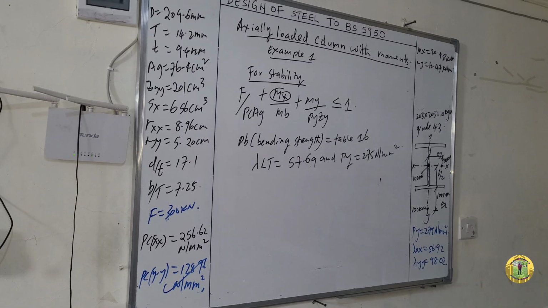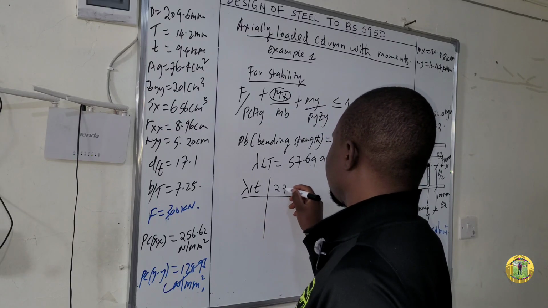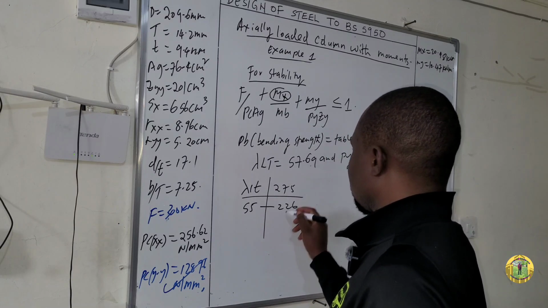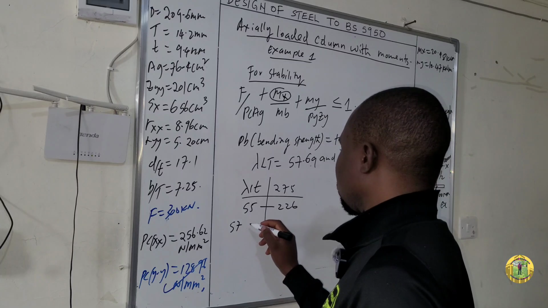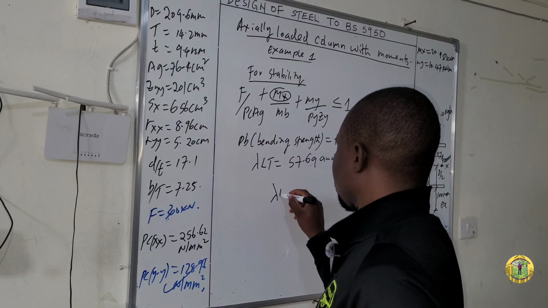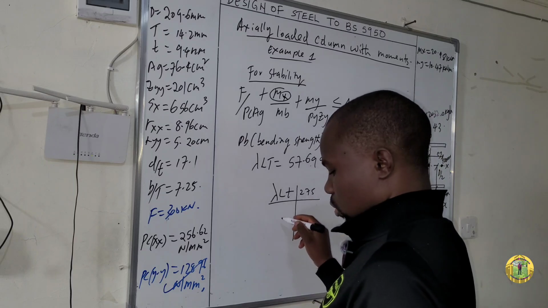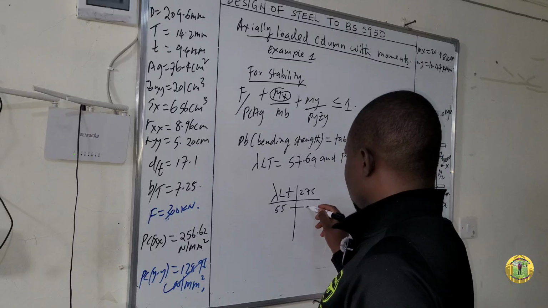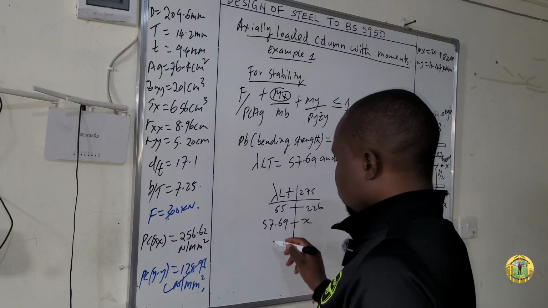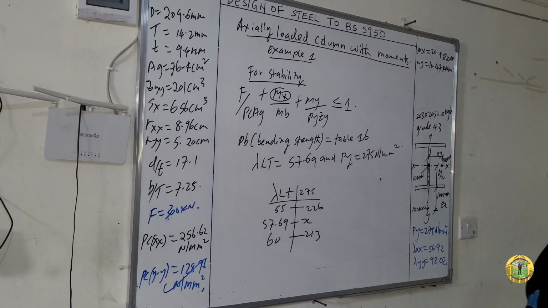So we have 55 corresponding to 226, then 57.69 corresponding to x, then 60 corresponding to 213.